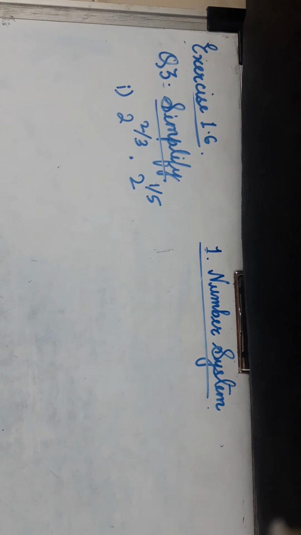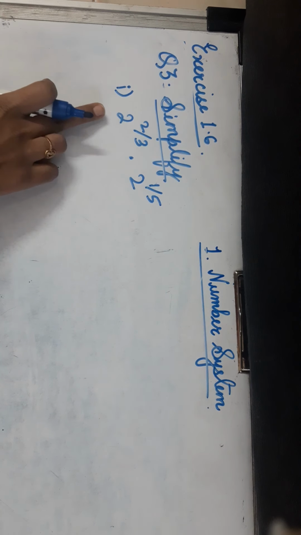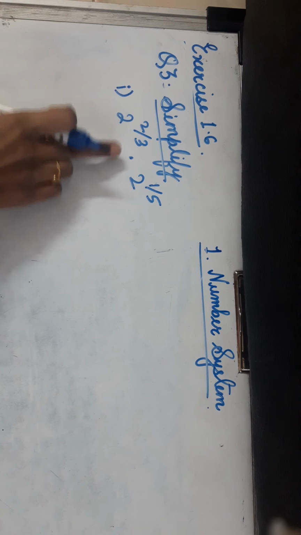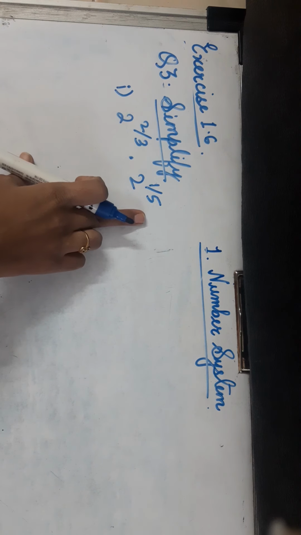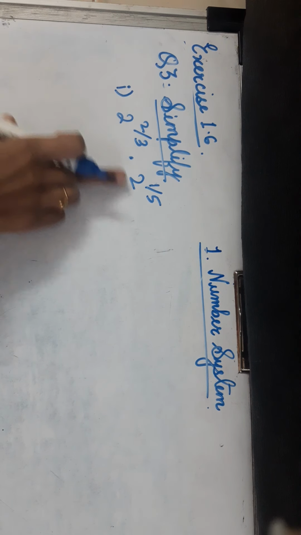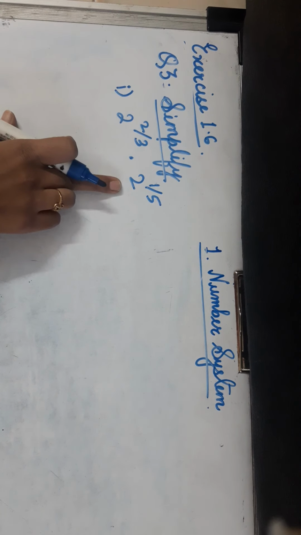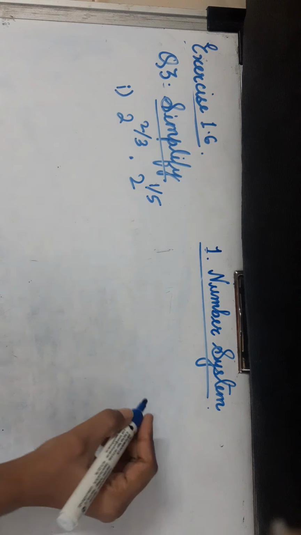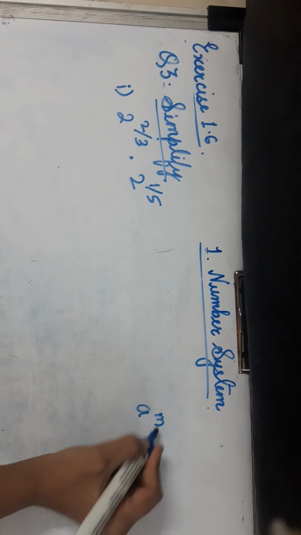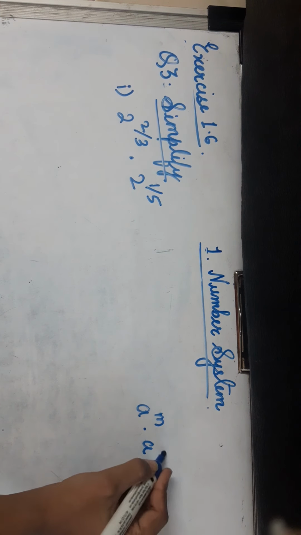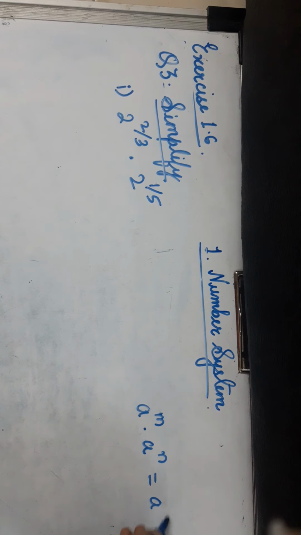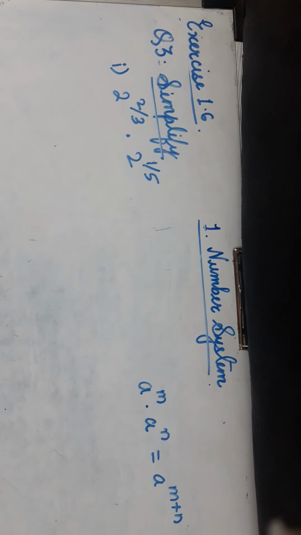Then the next question is question number 3, simplify. The first question is 2 raised to 2 by 3 into 2 raised to 1 by 5. So these two numbers are multiplied. If you see, their bases are same, and we have seen the first law of exponent, a raised to m into a raised to n is equal to a raised to m plus n.